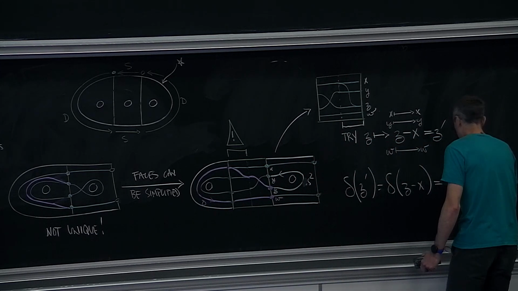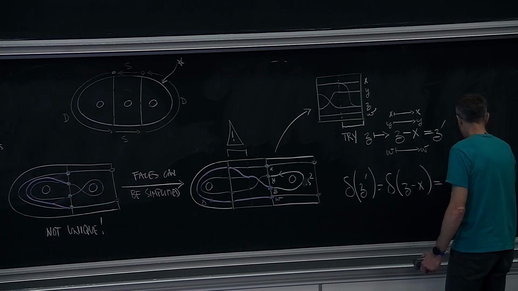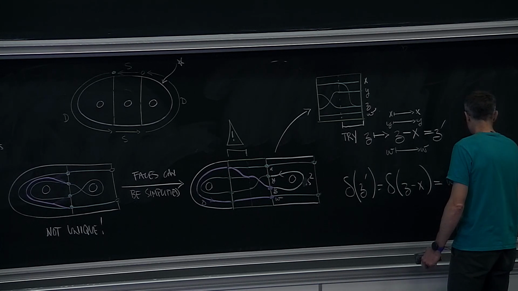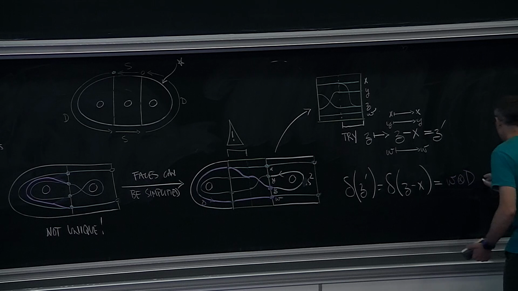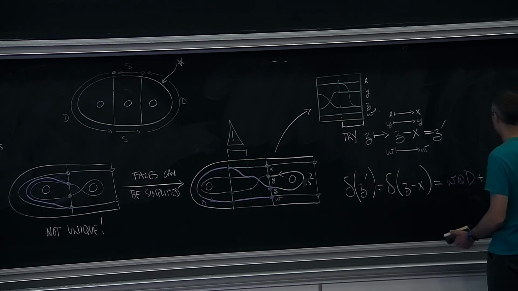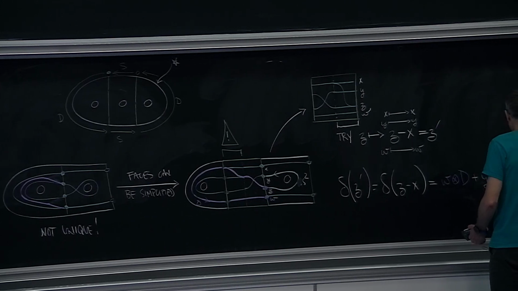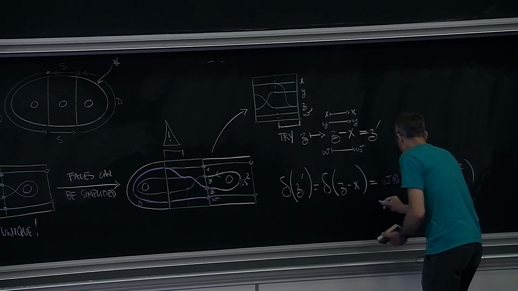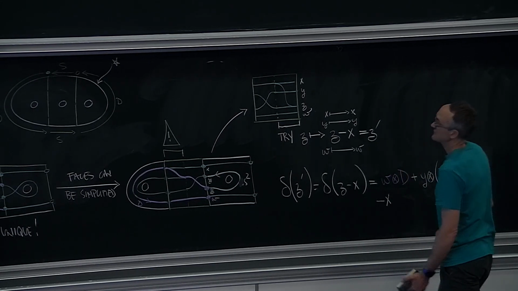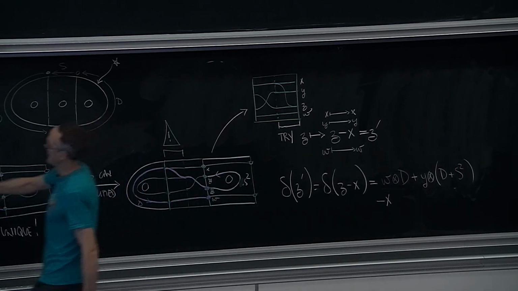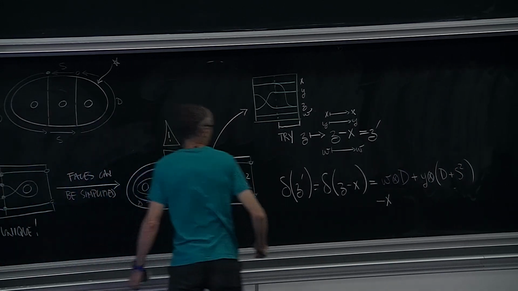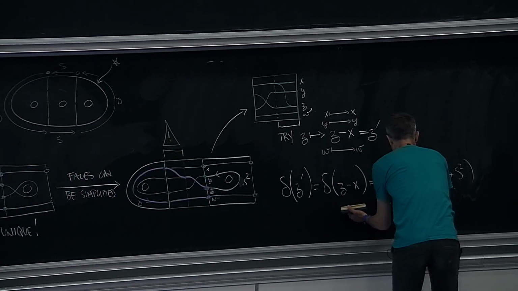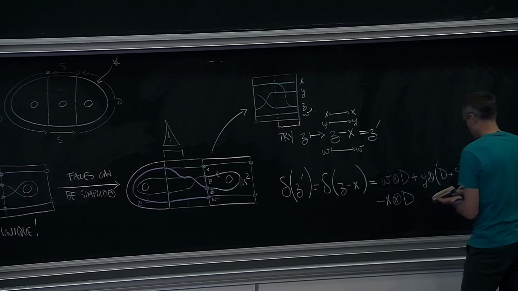So that's w tensored with d, and then other stuff plus y tensored with something, and minus x tensored to w with a d. So this is minus x or d. They're going to cancel.